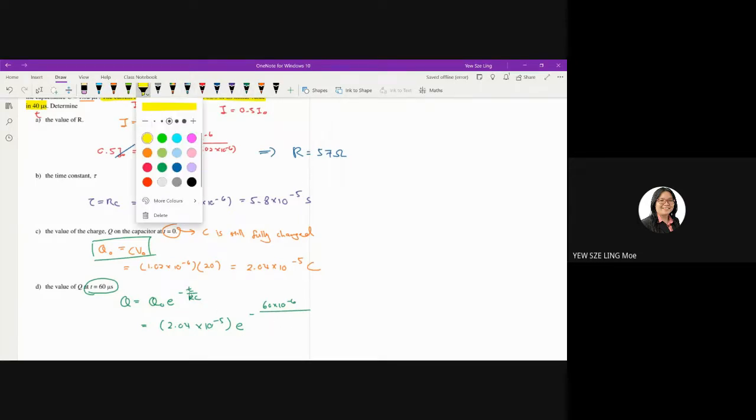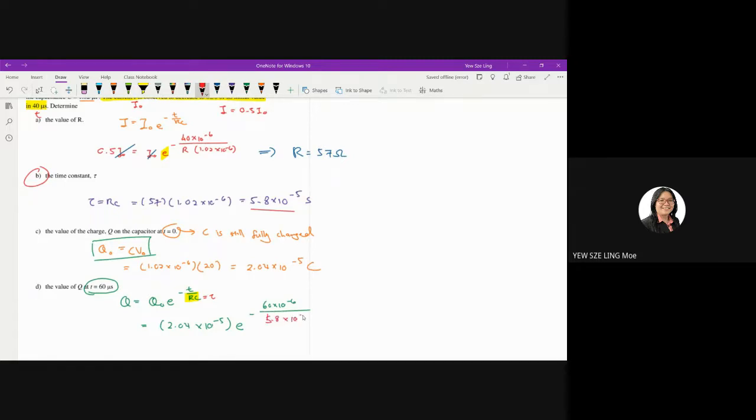Therefore, you can use the value from question B. In question B, you have this value: tau equals 5.8 times 10 to the power of negative 5. So with 5.8 times 10 to the power of negative 5, this then equals 7.3 times 10 to the power of negative 6 coulomb. So that is the answer for question D.